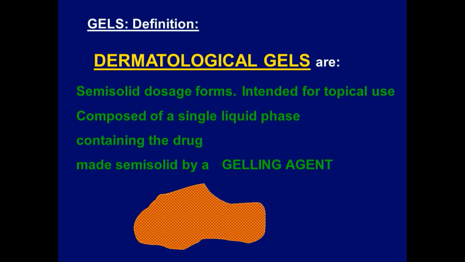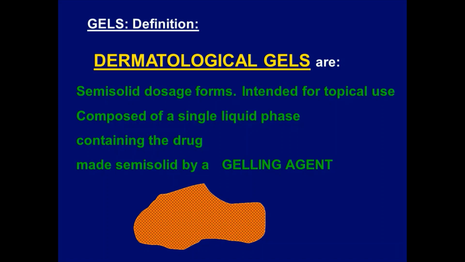Let us compare the composition of gels with that of creams and ointments. Creams are formed of two immiscible phases, not a single liquid phase. Ointments containing water are also emulsions, so they are also formed of two immiscible phases.